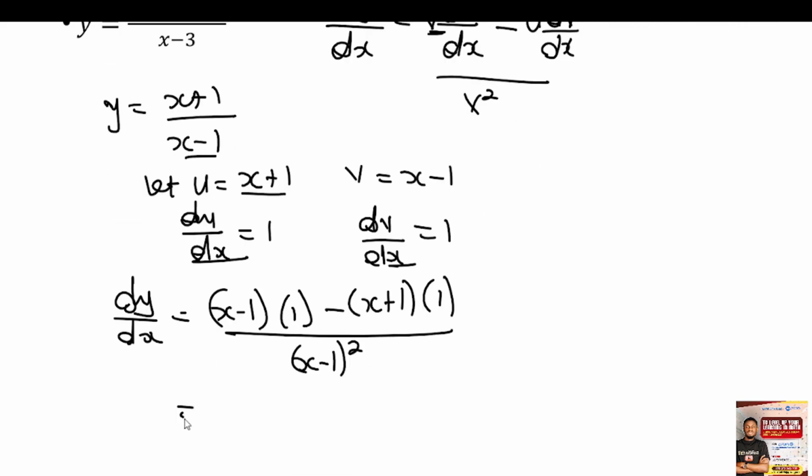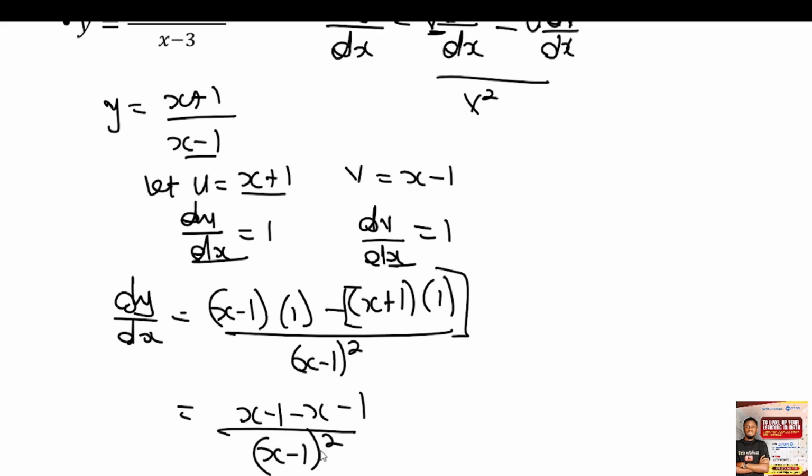So we multiply. So x minus 1 here. So this one will give us x minus 1 times 1, which is x minus 1. Then x plus 1 times 1 gives us x plus 1. But this one is being negated. So we have x minus 1, negative x, negative 1, all on x minus 1 all squared.